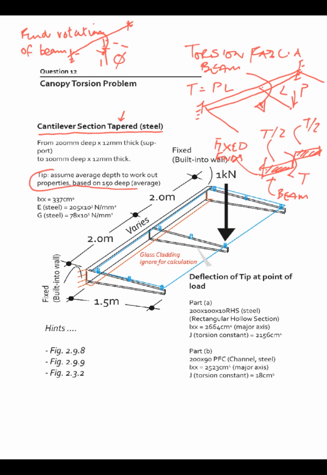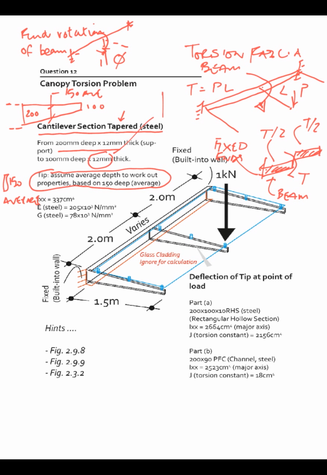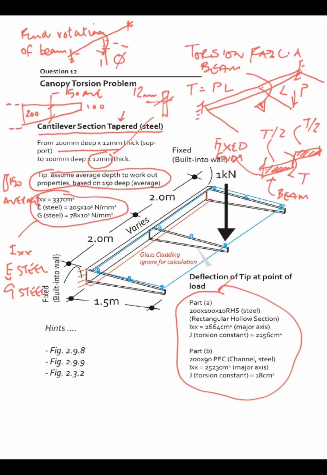The section is given for the cantilever, which is an average 150 by 12 thick plate. It's tapered, it goes from 200 to 100, but we believe at this stage in the design that the 150 average would be adequate for the properties, and it's got the shear modulus of steel, the modulus of steel, and the Ixx for the beams which are relevant.